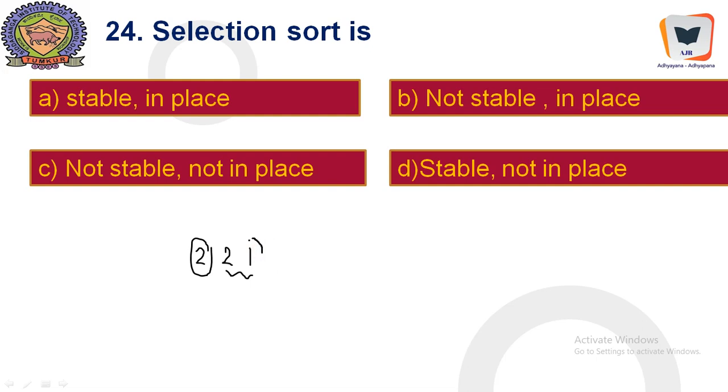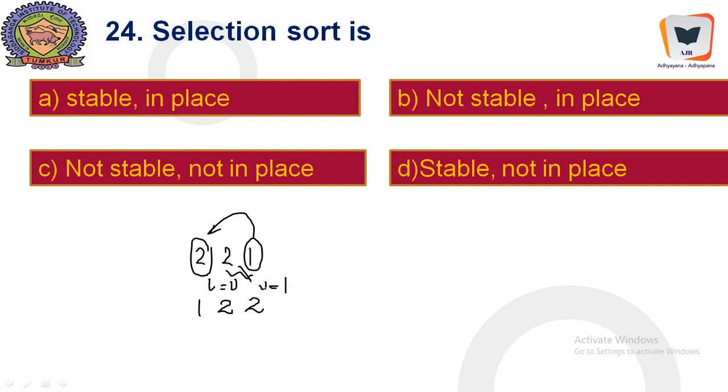Interestingly, the last 1 will be found to be the smallest in the first cycle, and it will be swapped. So 1 will come over here, the second 2 will stay here only, and the first 2 will be thrown to the third place. Before sorting, the I position was 0, J position was 1.